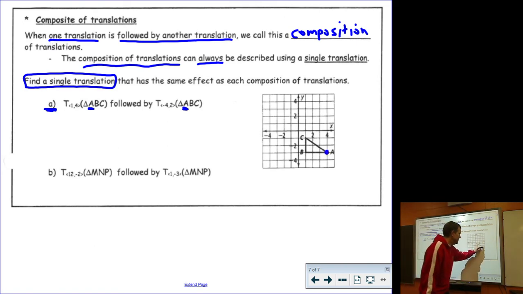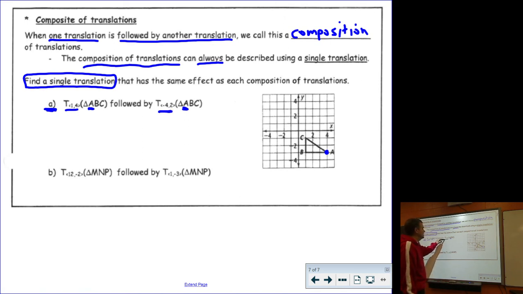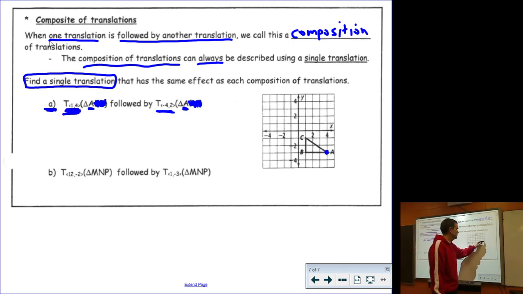So let's look at point A. And I'm supposed to do a translation with a vector 1, 4, followed by a translation with a vector negative 4, 2. Again, we're just going to do point A. All right. So the first one says, move point A 1 to the right and up 4, right? That's what this one says, 1 to the right and up 4.